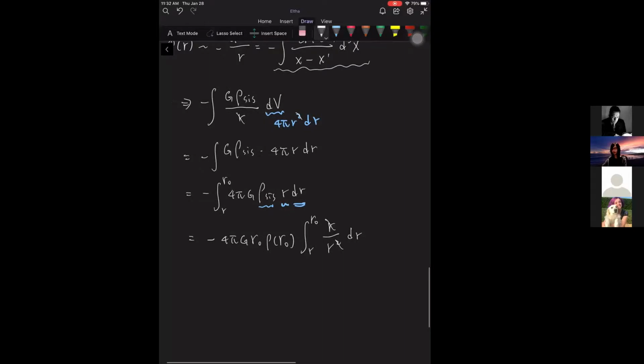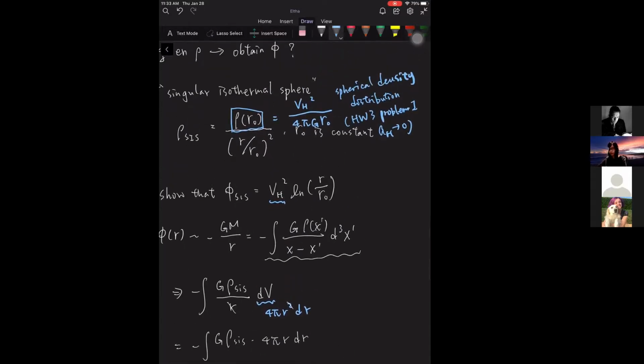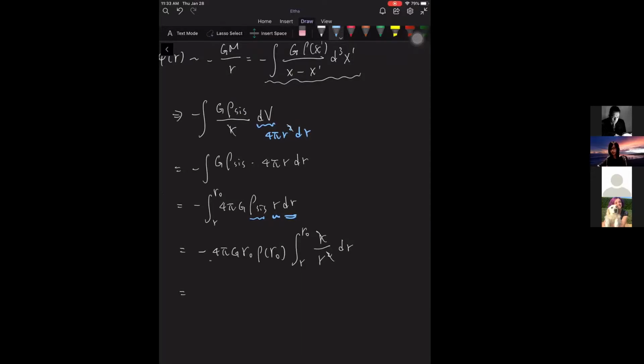And we know the integral of 1 over R is in the form of ln. So we get negative 4 pi G. As I mentioned, for the spherical density distribution, we have VH squared equal to 4 pi G R naught rho naught, right? Which is exactly the same form as we show here.